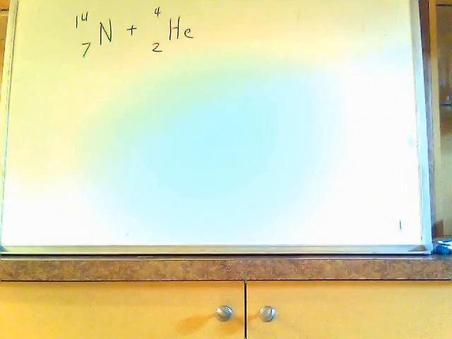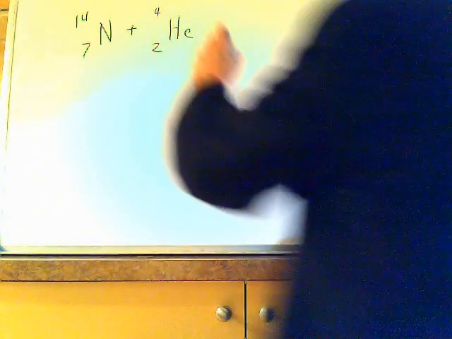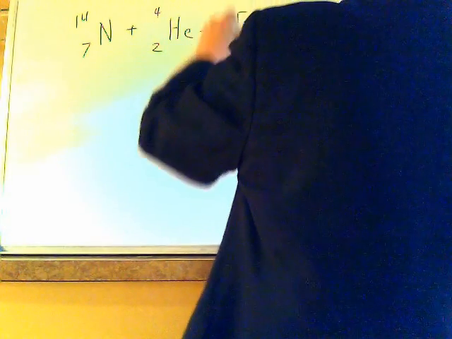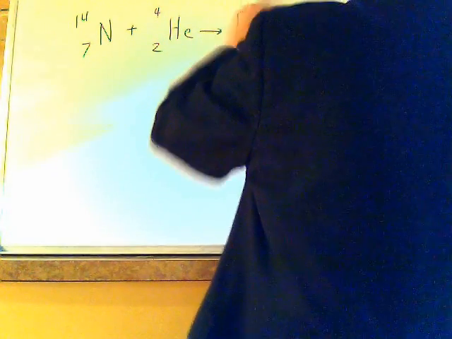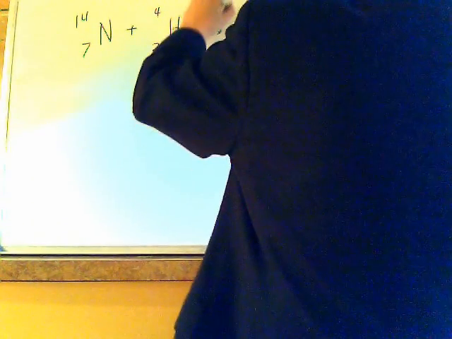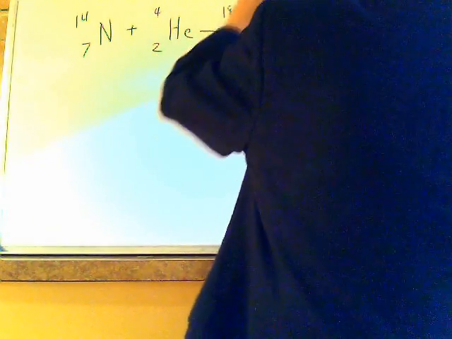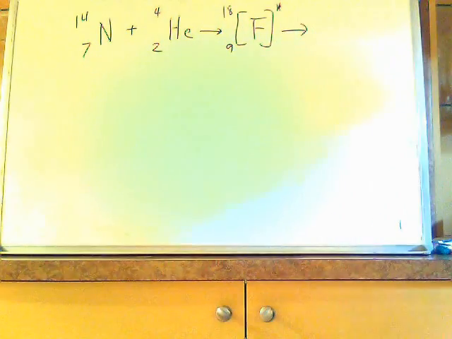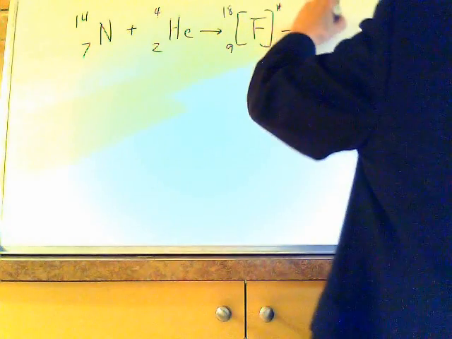Now, what actually happens here is we do get a compound nucleus. It's not shown in the initial reaction, but I'm going to put it in anyway. So we're going to get a compound nucleus out of this. And the compound nucleus, because we're going to see this later on anyway, is actually fluorine 18, that's going to go on to the products, which is oxygen 17.